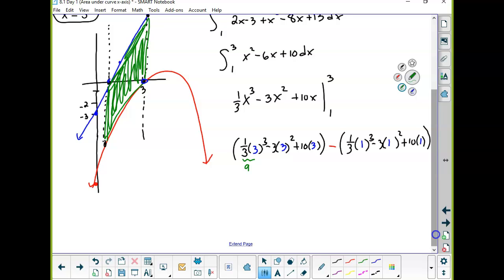And 27 divided by 3 is 9. 27, 30. That whole thing is 12. Of course, they have to have a fraction in there.